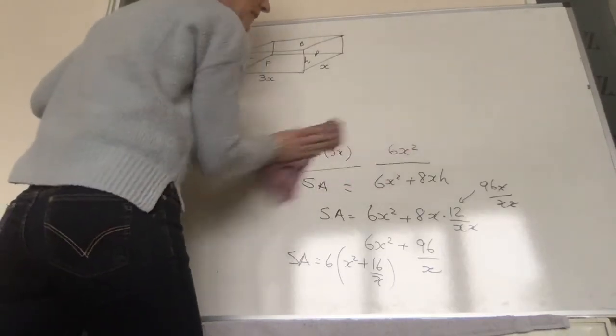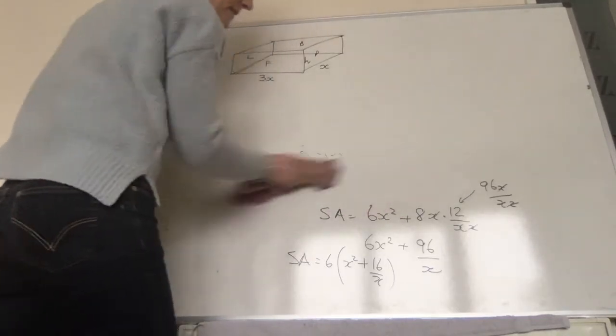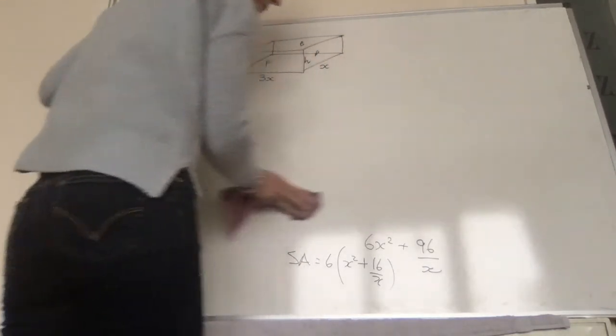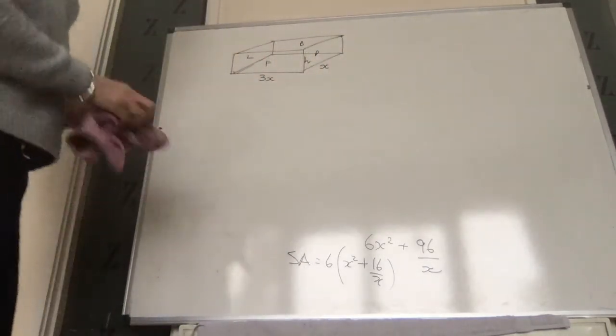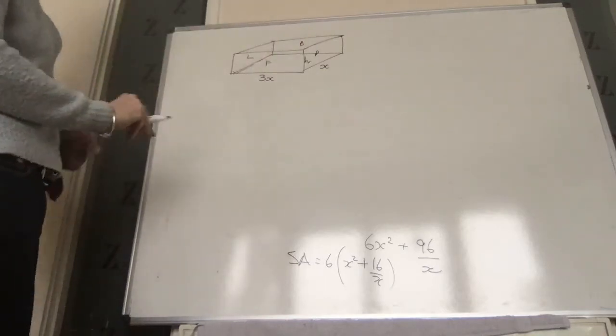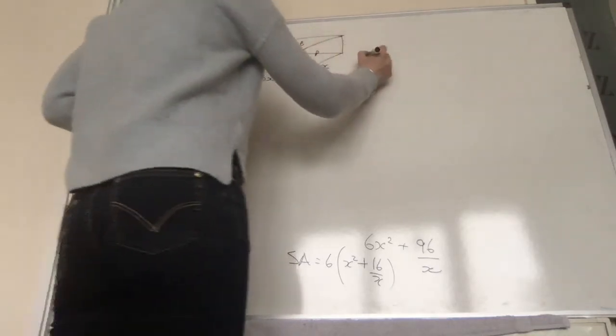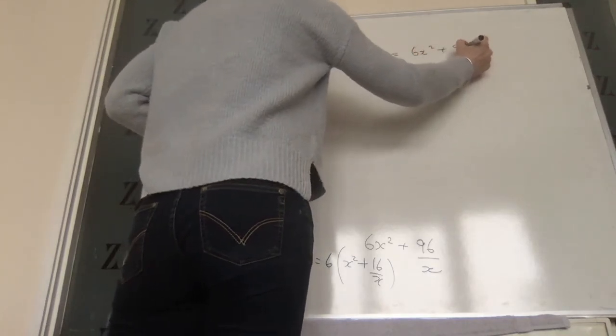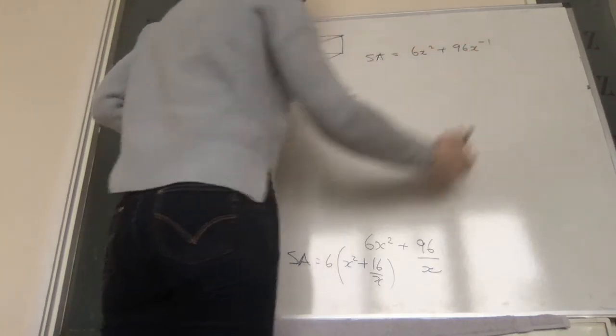Now what you do have to be careful with here, I don't know if it's the case in this example, is that you are using realistic values for x in the context of the question.